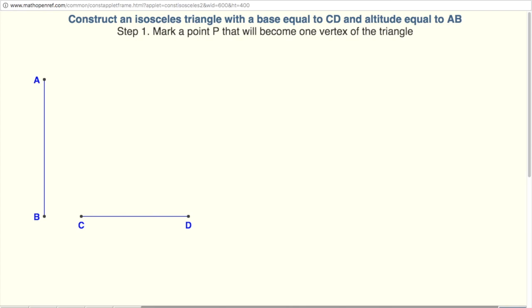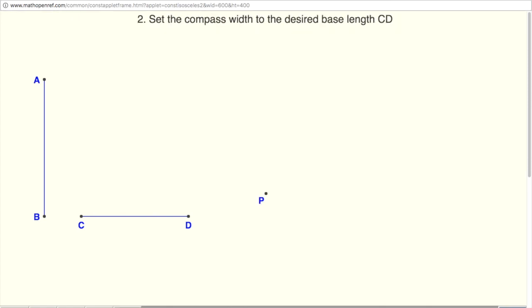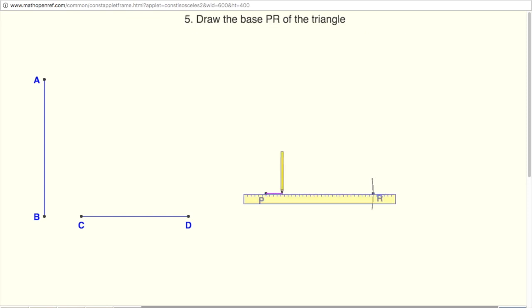So, first mark point P. Then set the compass width to CD. Again, copy CD. From P, draw an arc. Mark R. Draw PR.